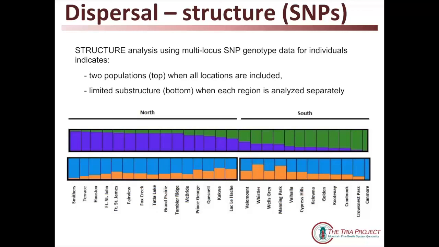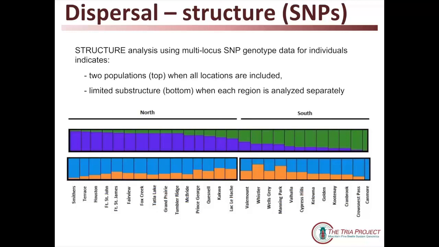This program allows you to look at the multi-locus combinations and how they tend to fall into separate so-called populations. If you look at all of these populations simultaneously, then there's a clear sort of north-south gradient in the proportions that fall into each of these two.